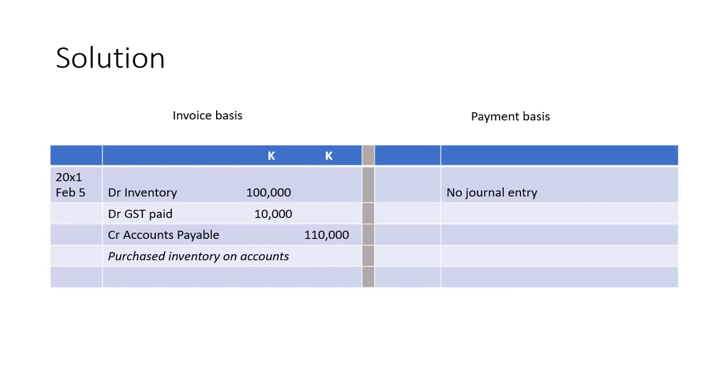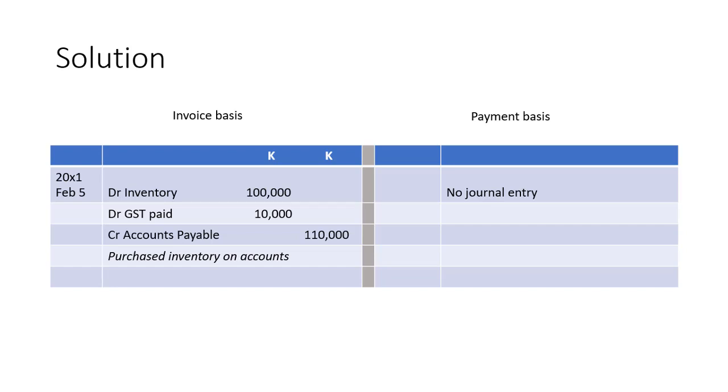Okay, so the solution under the invoice basis, on 5th February, we have debit inventory, debit GST paid, or the input tax, and then credit accounts payable 110,000. So you will notice the accounts payable will be the total of the invoice price, 110,000.